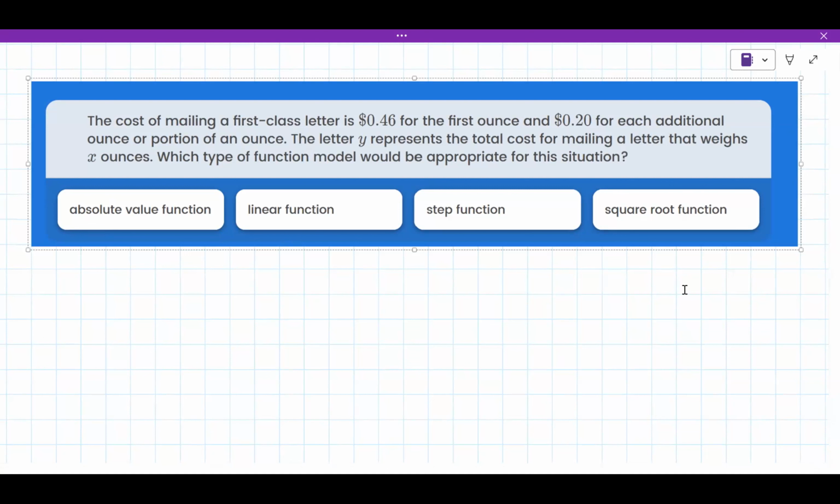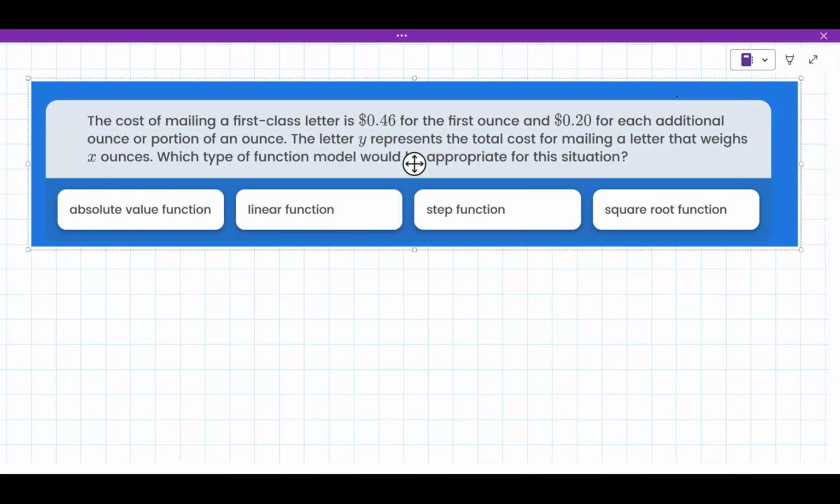Have you read the question? Yeah, I'm reading it. Okay. Let me know when you've read it. You don't have to answer the question. I'm going to give you some more information. Just want to make sure you've read it and understand what it's asking for. Okay, I read it. Perfect.